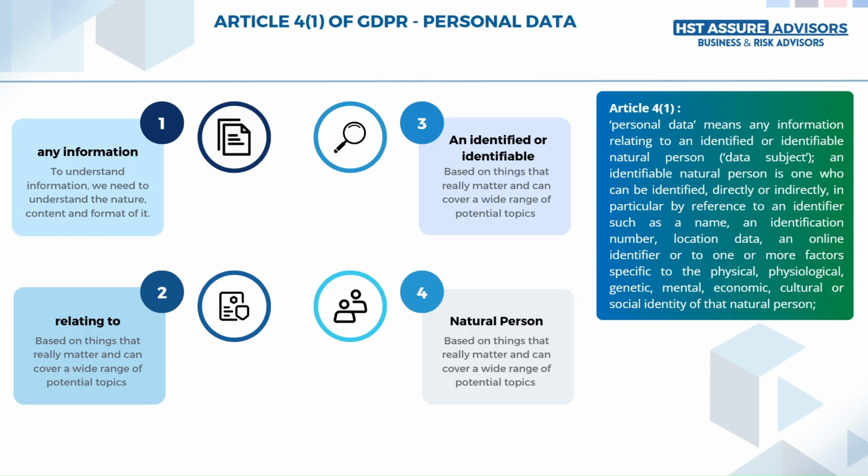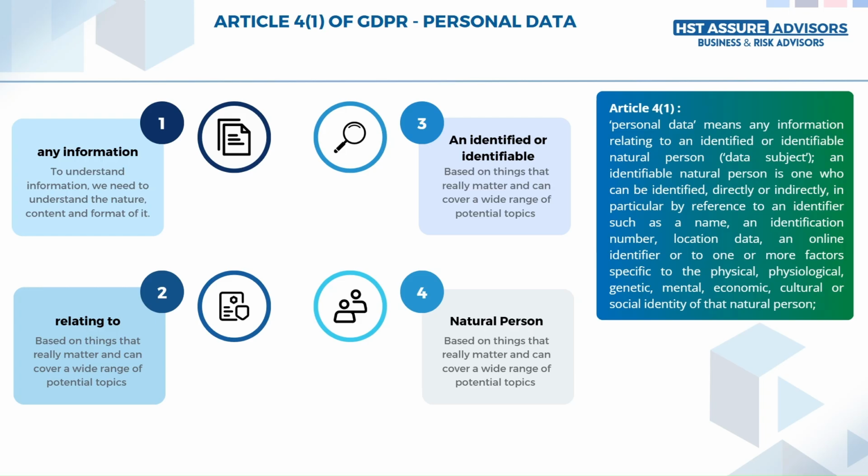It can also include online identifiers such as IP addresses, cookie identifiers, and device IDs. Second element, relating to. The information must be about an individual. A piece of data can relate to a person directly, or indirectly if it is used to evaluate, treat, or influence their status or behavior.